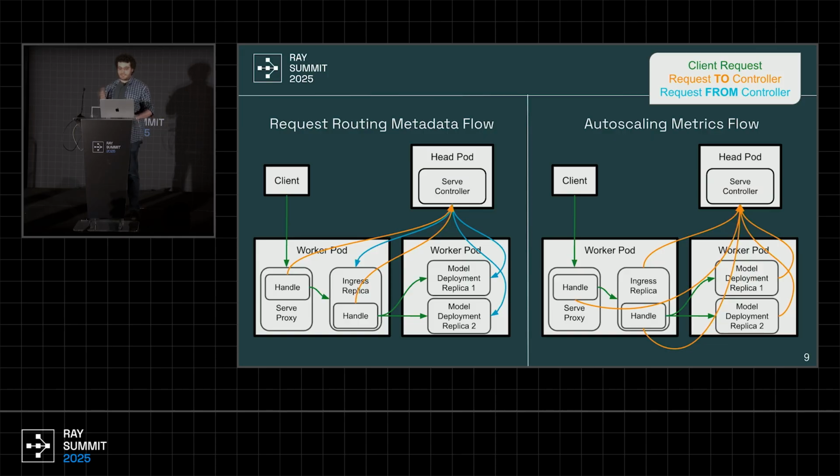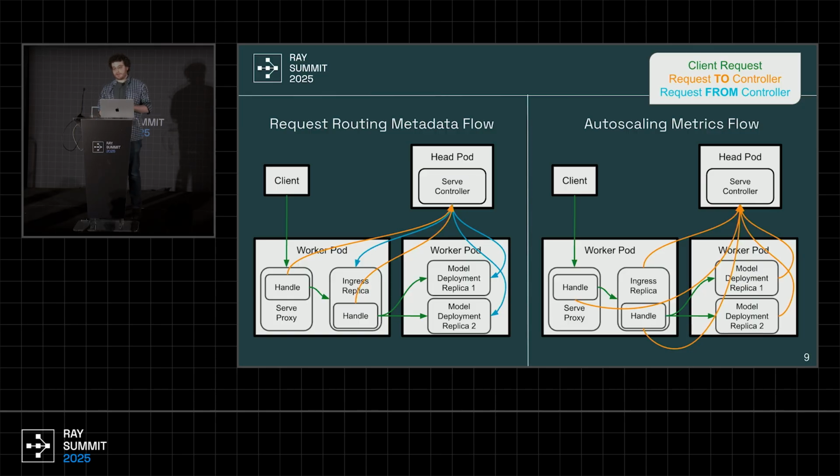On the right is the autoscaling metrics flow. So you may know, as we just said, that Ray Serve has autoscaling as, to me, the big feature, right? That's how we got our big cost reduction. But to actually make that work, the serve controller has to know how many requests are actually flowing through the system to all these components. And so that information is getting sent from every replica. In our case, that means both ingresses and model deployment replicas, but also each handle.